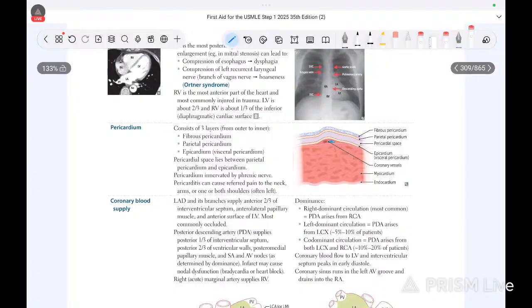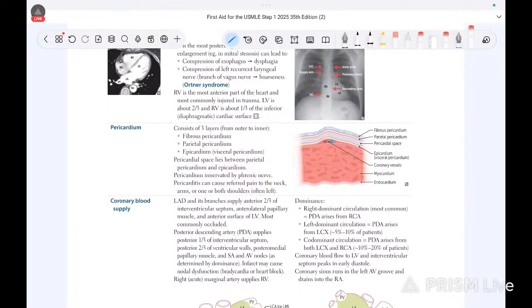Next we come to the pericardium. It consists of 3 layers: the fibrous, the parietal, and the epicardium, which is the visceral pericardium. It is innervated by the phrenic nerve. It's important. That's why it causes referred pain to the neck or arms, or one or both shoulders.